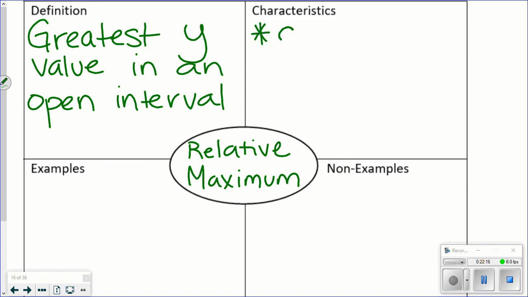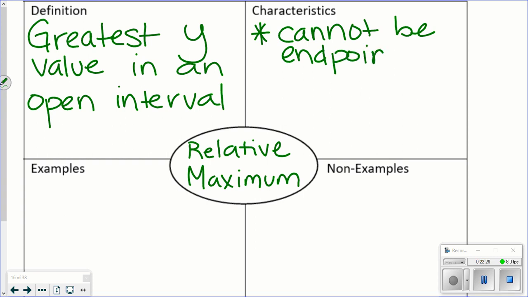Open interval means it cannot be endpoints. So I have to look throughout my graph. It cannot be at the beginning or the end. So what we do is we look for a hill in your graph.